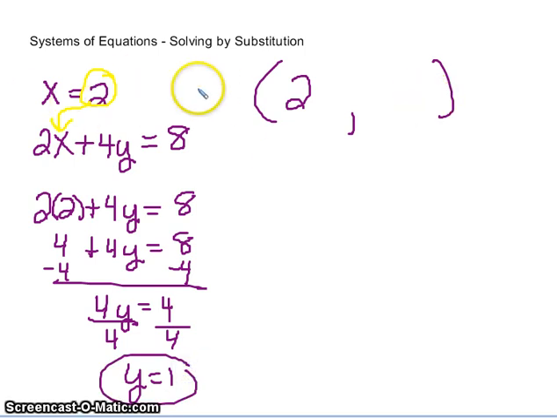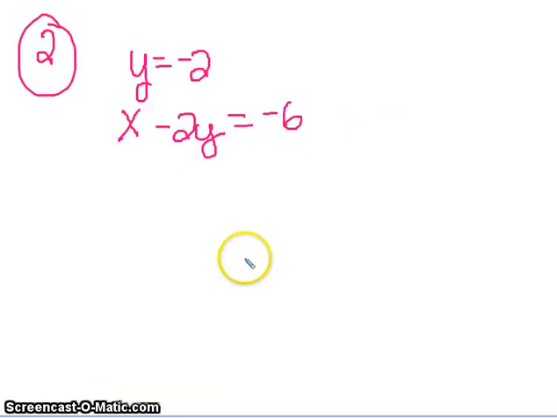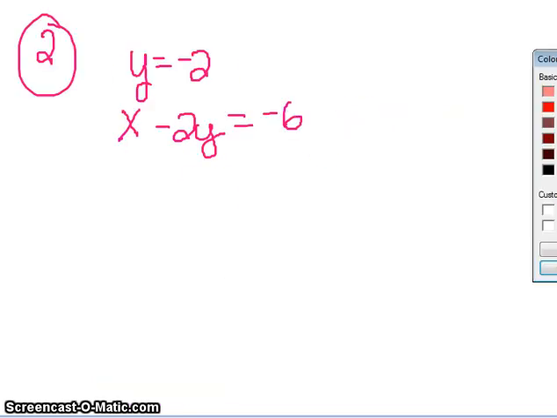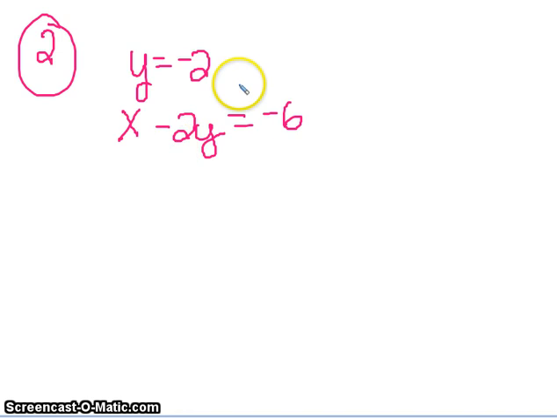So now our x coordinate is 2. We think the coordinate where the two intersect is x equals 2, y equals 1. If we plug that in to check, 2 times 2 is 4, plus 4 times 1 is 4, and 4 plus 4 does equal 8, so we're good.